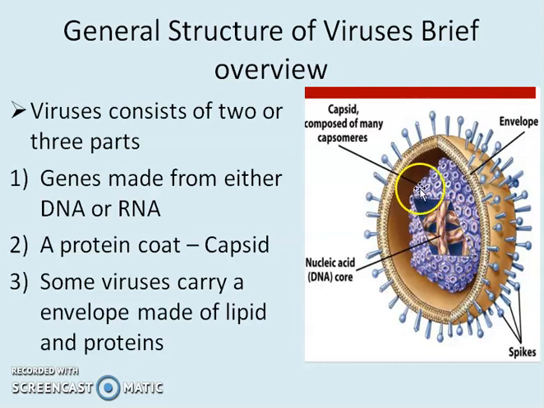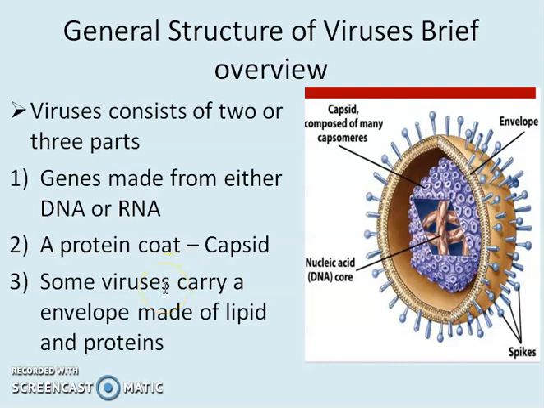And then this genetic core is surrounded by a protein coat, known as the capsid. The capsid is a polymeric compound which is made up of monomeric units known as capsomeres.